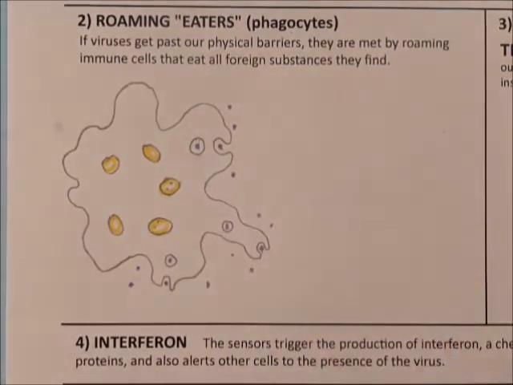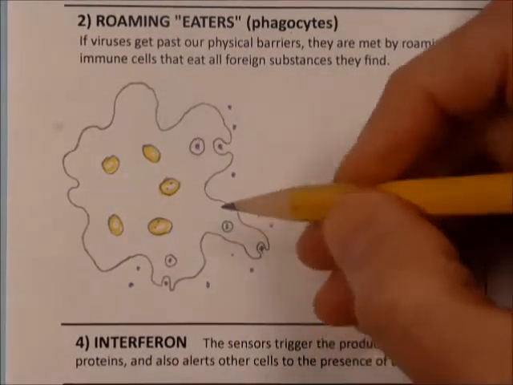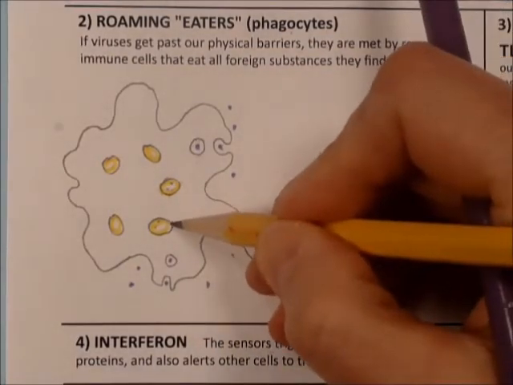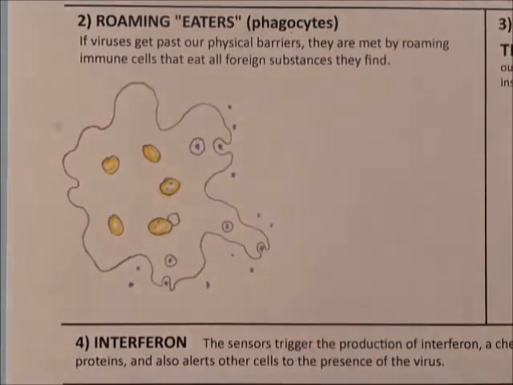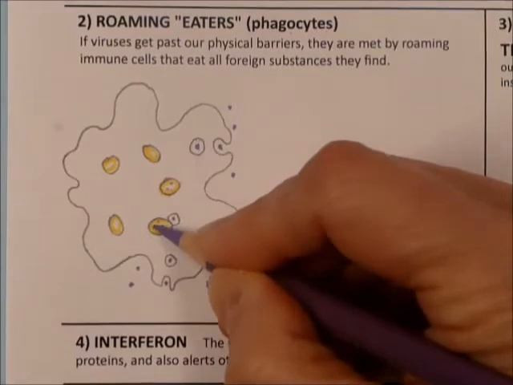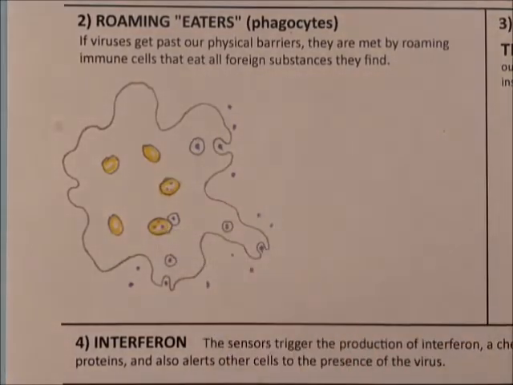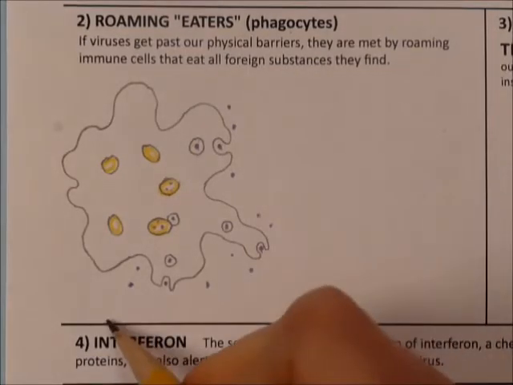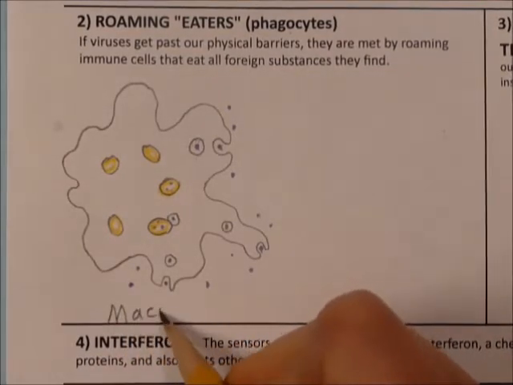So what will happen is the little endosome of the virus will go and merge. They'll touch. It'll come over and it'll merge with a lysosome, and the virus will get dumped into a digesting lysosome. Actually, let's label this whole thing down here. Let's write macrophage.